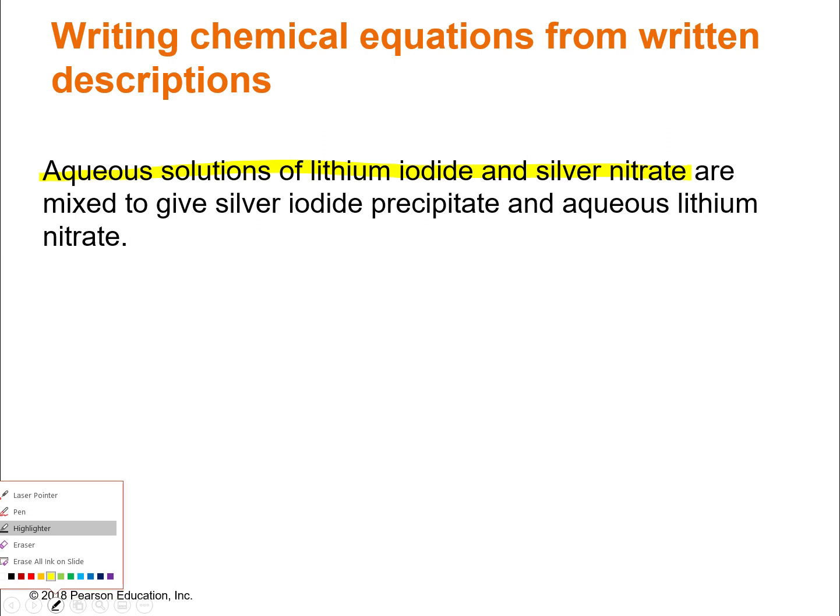So what's highlighted in yellow describes our reactants. The orange, "are mixed to give," that's the yield sign.